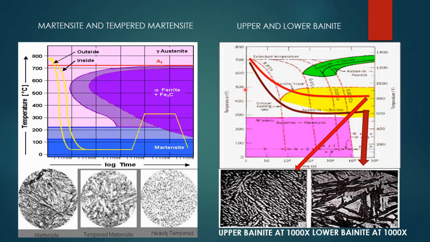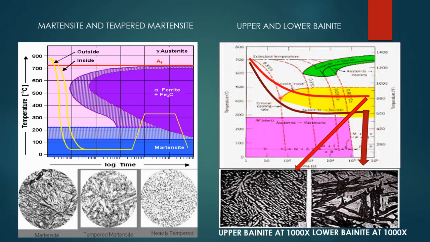The formation of bainite is different. The steel is quenched in a bath held at 250 to 400 degrees centigrade and kept for some time such that it passes through the CCT bainite curve. So this is the nose part of the CCT bainite curve.